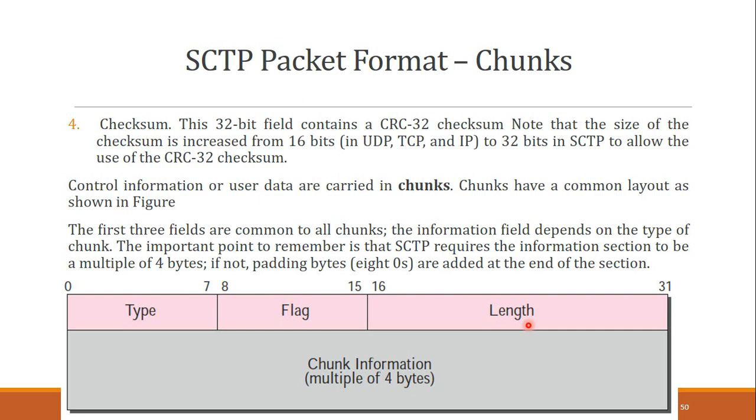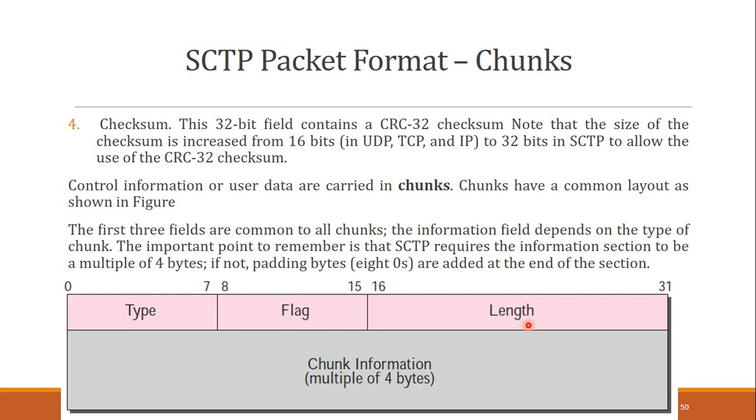If a chunk carries no information, the value of the length is 4 bytes. Note that the length of the padding, if any, is not included in the calculation of the length field. This helps the receiver find out how many useful bytes a chunk carries. If the value is not a multiple of 4, the receiver knows there is padding.